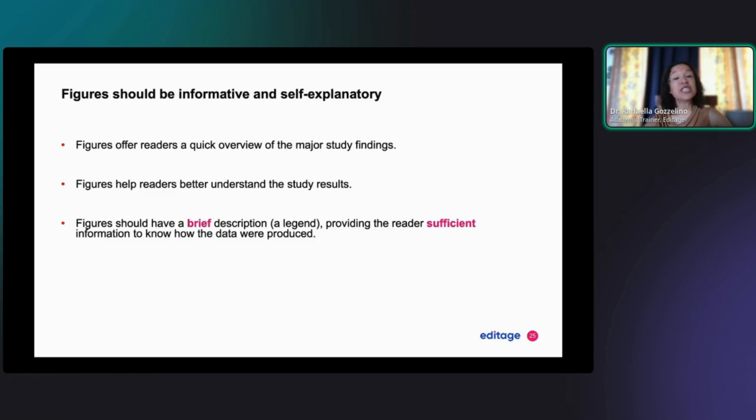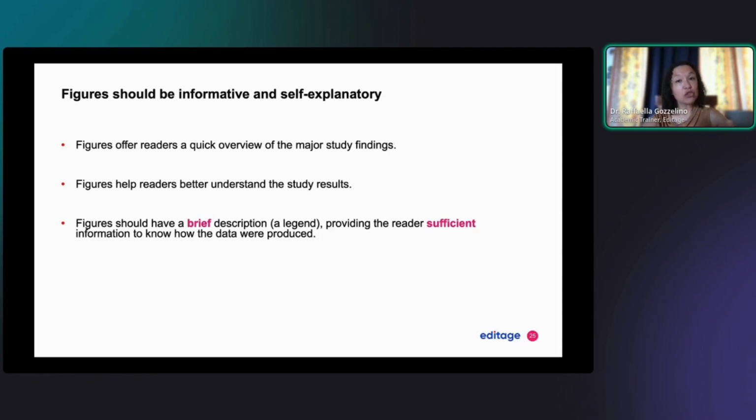The figures help the readers to better understand the study results. And the figure should have a brief description or a legend, providing the reader sufficient information to know how the data were produced.